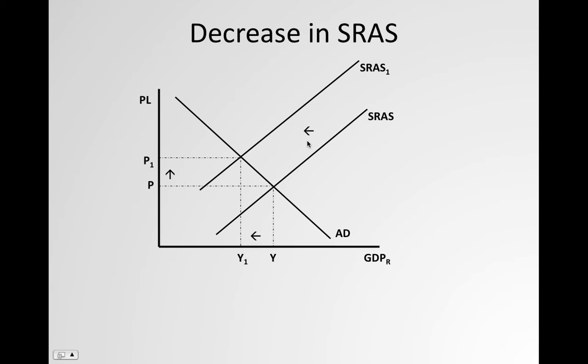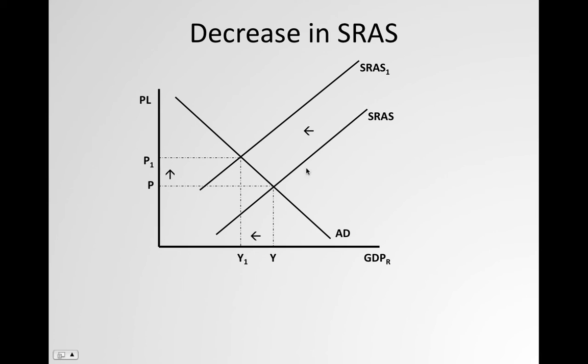You could have a decrease in SRAS, and now here we've got an AD curve. So if we said, for example, wages went up, or the price of oil went up, now to operate, firms must pay more in cost to run their businesses. So SRAS will shift to the left, the prices will rise, and the amount of output that firms make will go down.